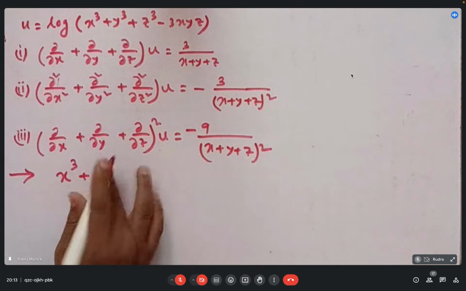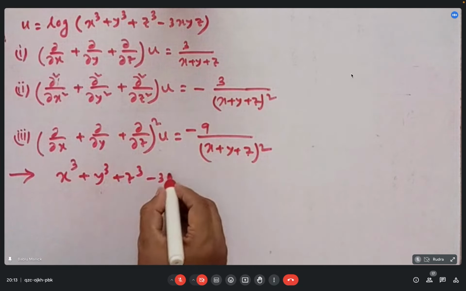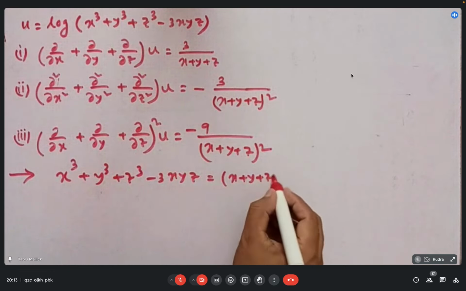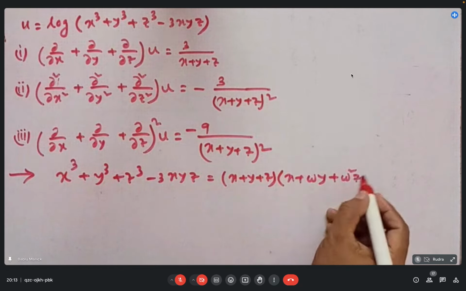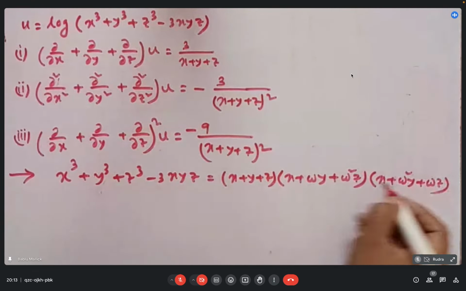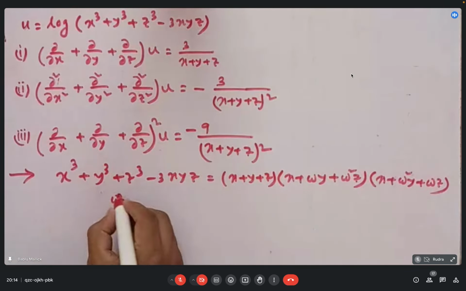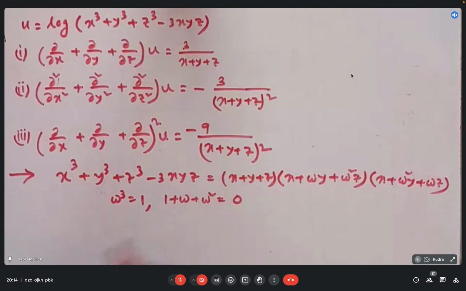We have x cube plus y cube plus z cube minus 3xyz is equal to x plus y plus z, x plus omega y plus omega square z, and x plus omega square y plus omega z, where omega cube is 1 and 1 plus omega plus omega square is equal to 0. So this is the result you have to use.